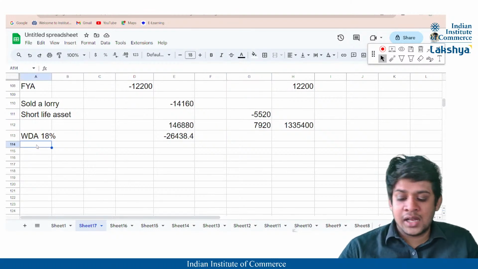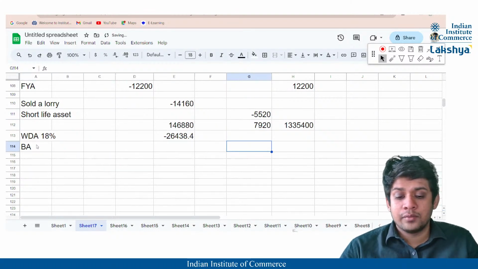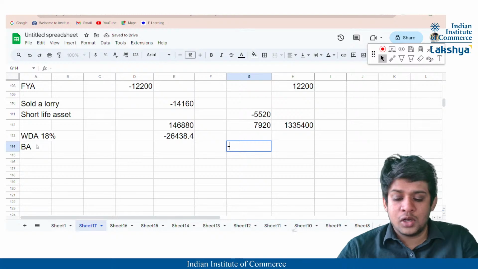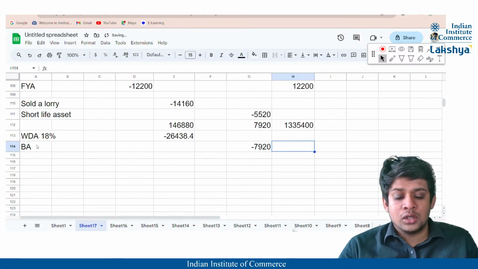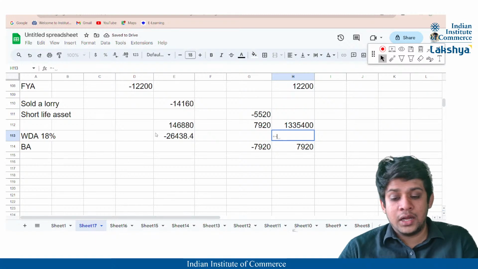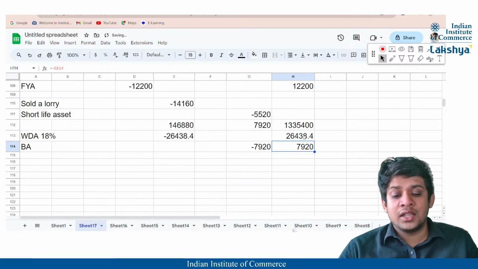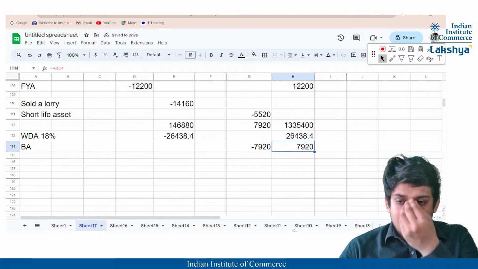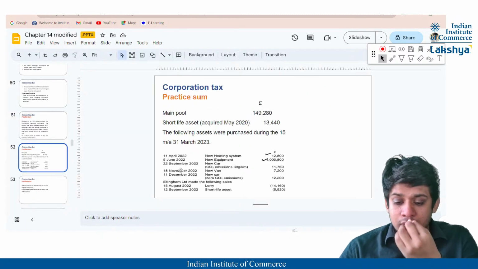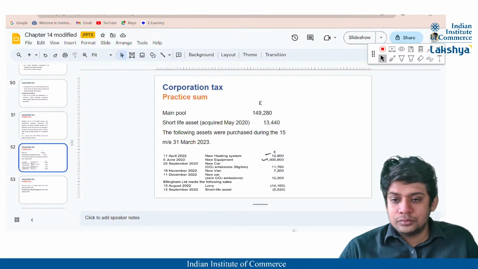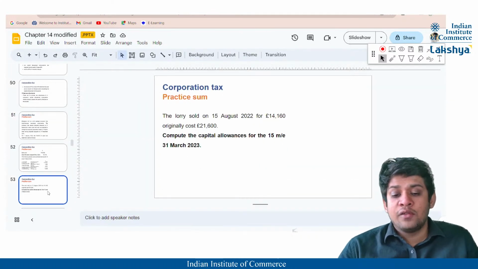So on the remaining balance, I give a balancing allowance of the total amount, because there is nothing relating to the short life asset. It is completely sold. So technically 7920 is the balancing allowance that I got separately, and this is the WDA that I got on the main pool relating to the 18% WDA for the remainder.